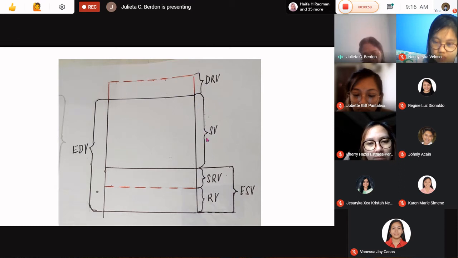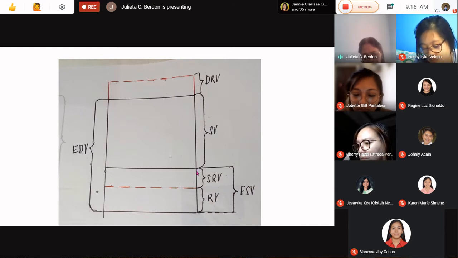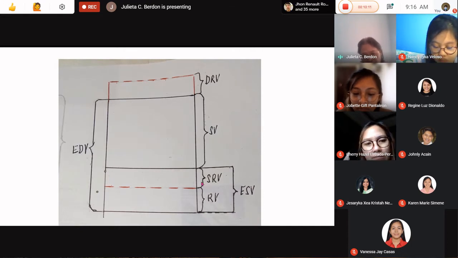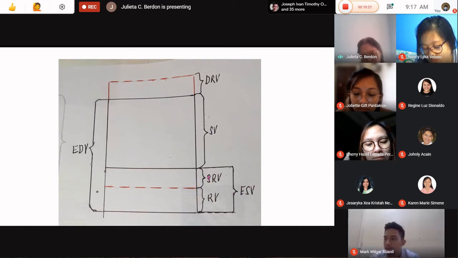But let's say you run around the campus and you need more blood, so you will expel also the reserve volume. Once it is expelled, it becomes part of the stroke volume. You understand?